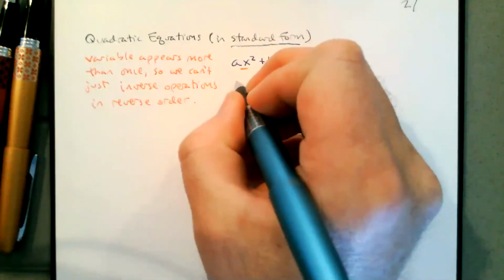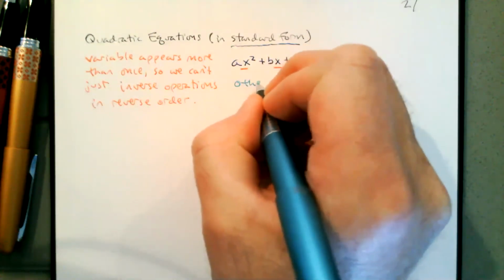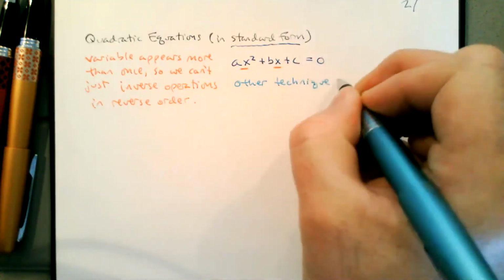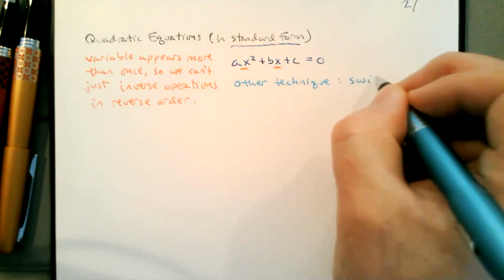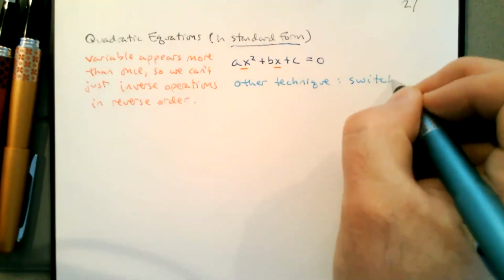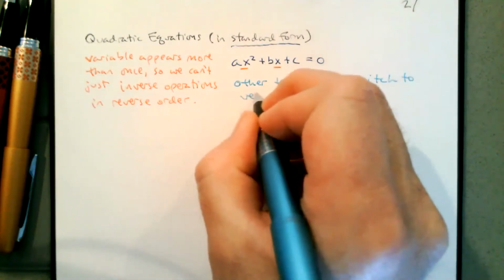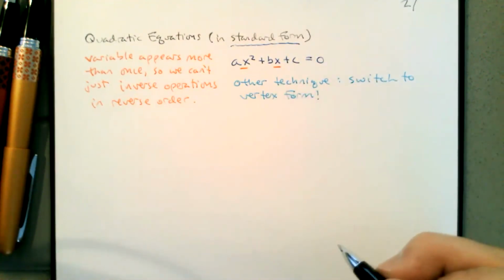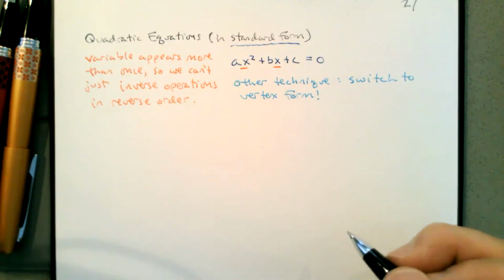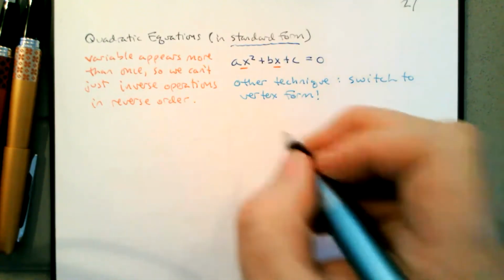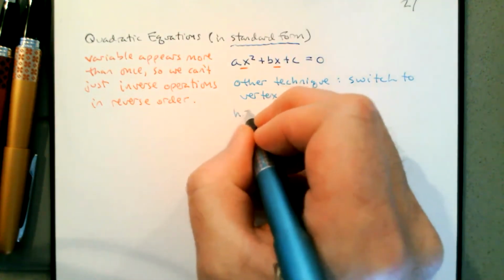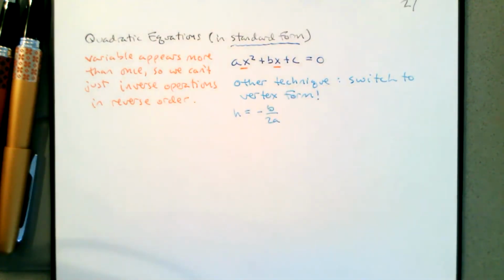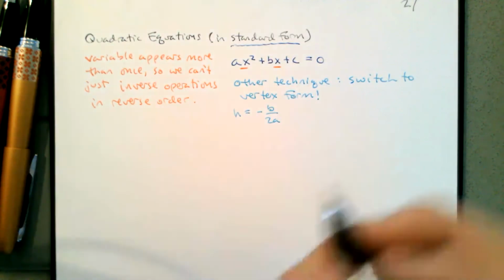So our other technique is to switch to vertex form. The main thing that we have to remember here is that the x-coordinate of the vertex, h, is minus b over 2a, and then k is just the function evaluated at h.